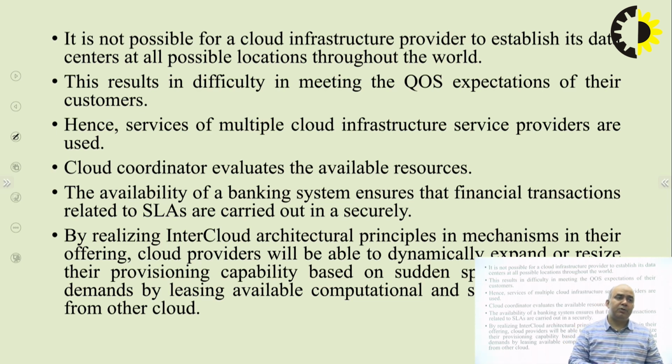Let's suppose the banking system ensures that the financial transactions related to SLAs are carried out securely. By realizing the Intercloud architecture principles and mechanisms in their offering, cloud providers will be able to dynamically expand or resize their provisioning services if there are sudden spikes or increases in the workload, depending upon the demands of the users.